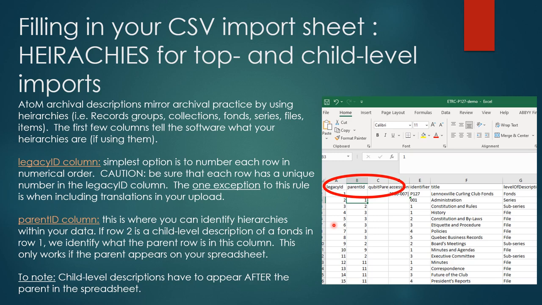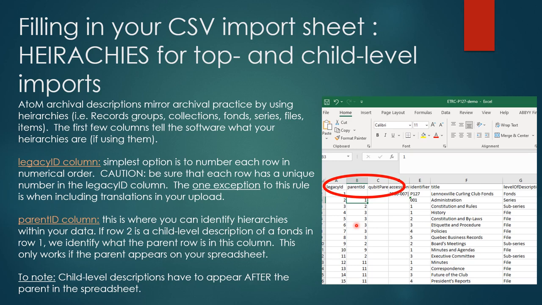They can't repeat, so you can't have two number 26s, for example, and each row has to have a number. This helps the software interpret the rows, especially when we move on to using the parent ID column. But no matter what, the legacy ID column has to be filled out, and it has to have a unique number in each one.